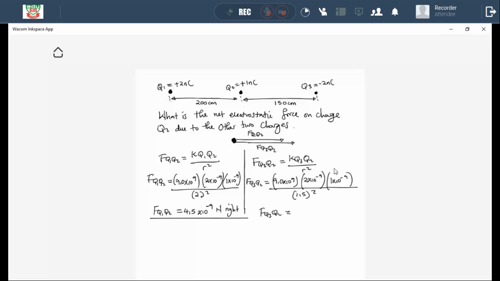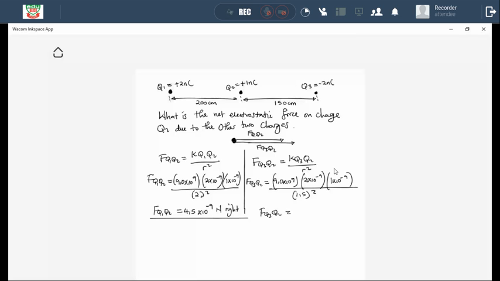We've got our fraction there. We open twice, and then we put our 9,0 times 10 to the power 9, which is our constant. You close. Then for charge 3, it's 2 times 10 to the power negative 9. You close. I forgot to open there. Let me go back a bit, and you can also correct that.